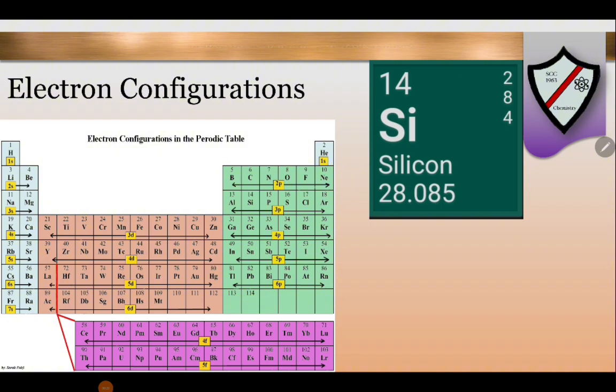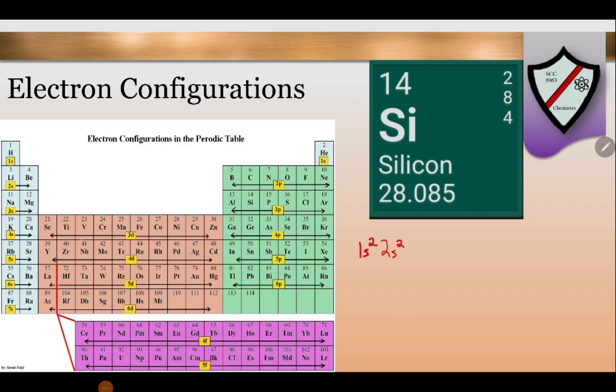We know we have 14 electrons to fill, and we know that the first atomic orbital, the lowest one in energy, is the 1s orbital, and it can accommodate 2 electrons. The next atomic orbital in energy level is the 2s orbital, and it also can accommodate 2 electrons.